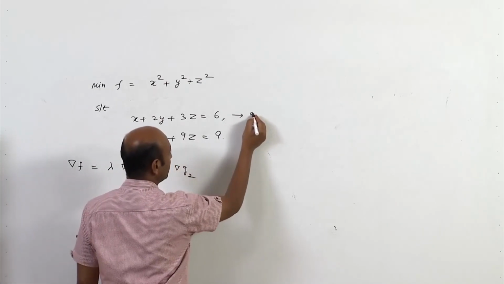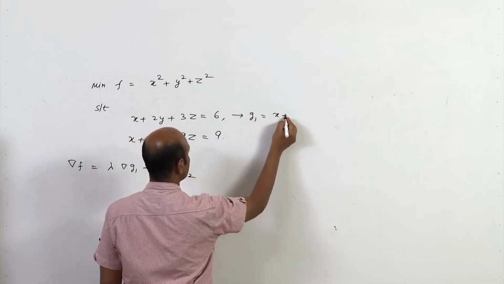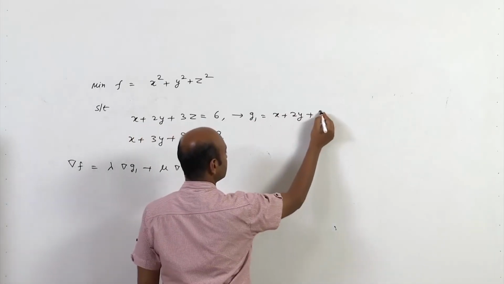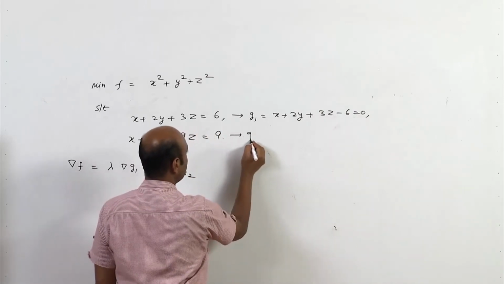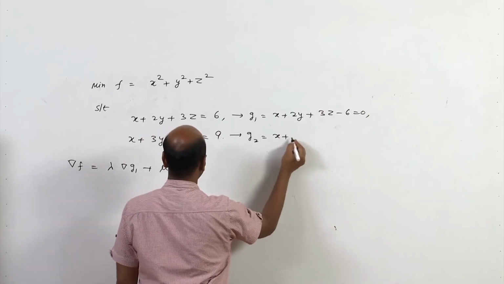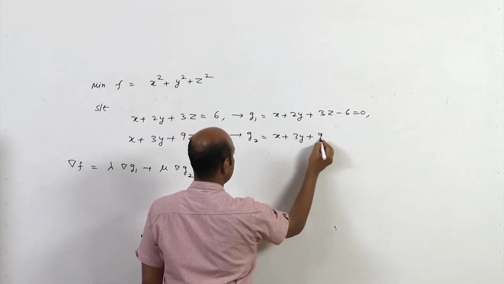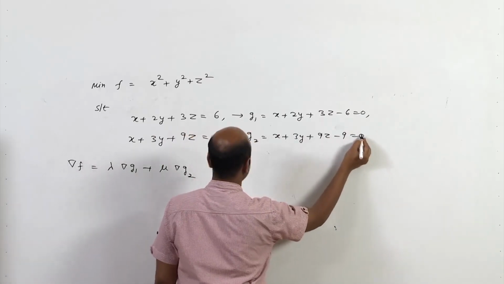So what is g1 from here? g1 will be x plus 2y plus 3z minus 6 equal to 0, and g2 will be x plus 3y plus 9z minus 9 equal to 0.